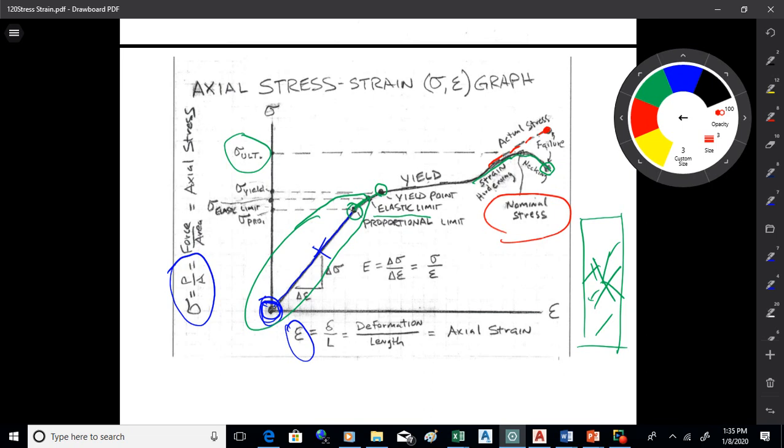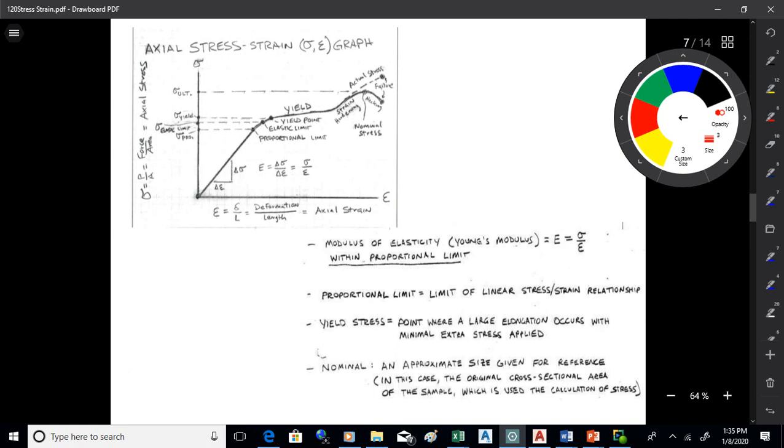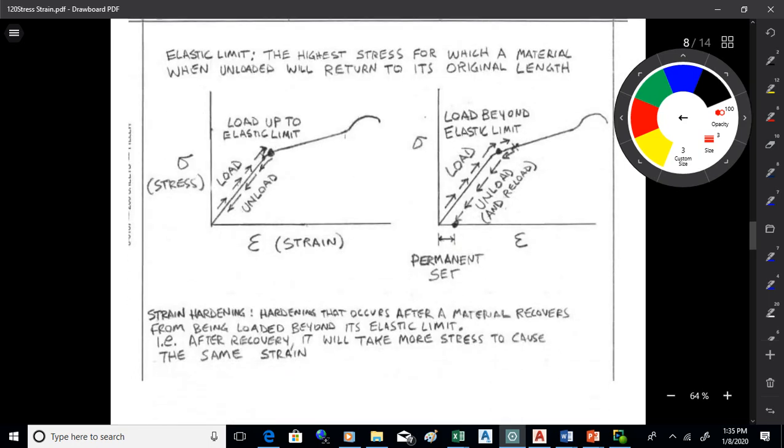Now that's kind of an idealized graph. And I've got those definitions down below there on page 126. Now another couple aspects of this graph is there's something called the elastic limit too. As long as you stay below the elastic limit, you haven't really destroyed any of the chemical bonds. You're just stretching them and unstretching them like springs.